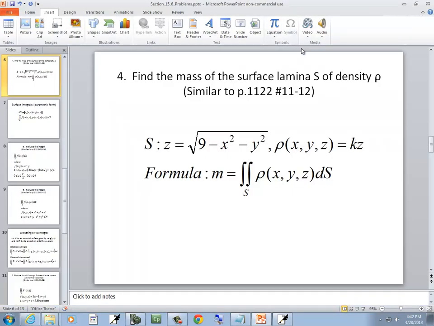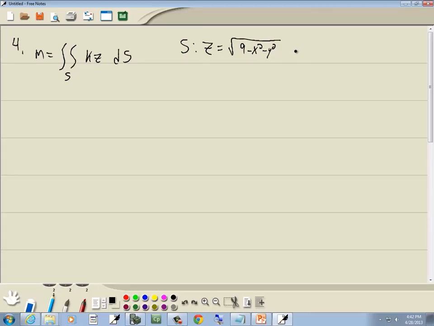And actually I guess that's everything we need. Everything else I wrote down. Well, first off, we can plug this in for the z, make that easier. I'm going to leave these alone for the time being. So I got k times z, and z was the square root of 9 minus x squared minus y squared.